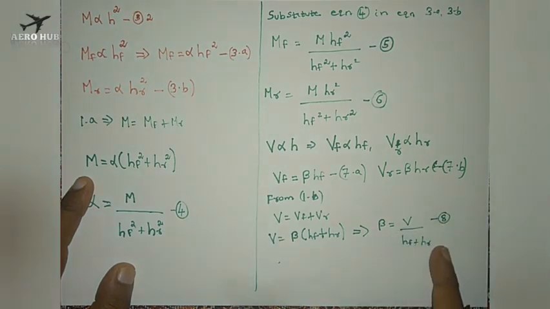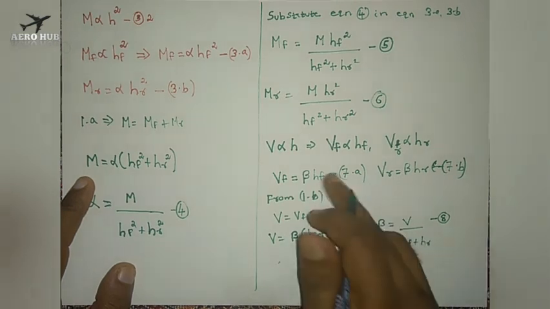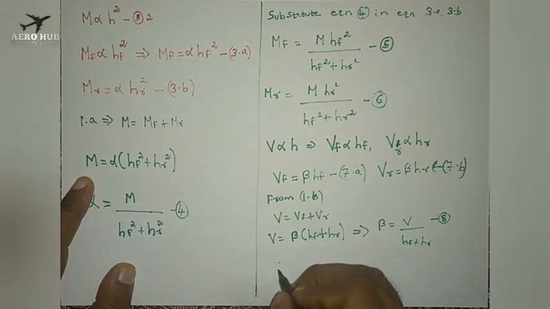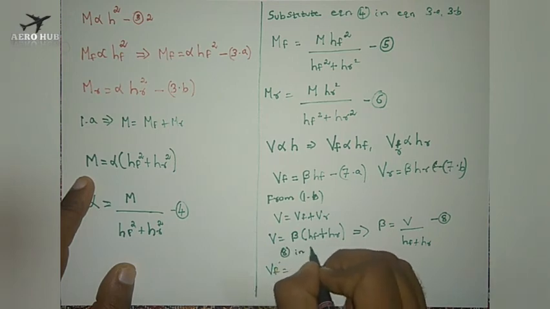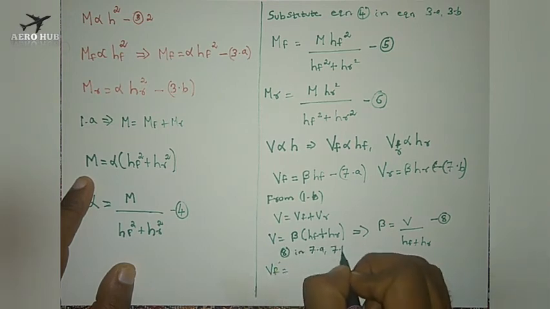Now I will substitute the value from equation 8 in 7A and 7B to get the values of VF and VR.